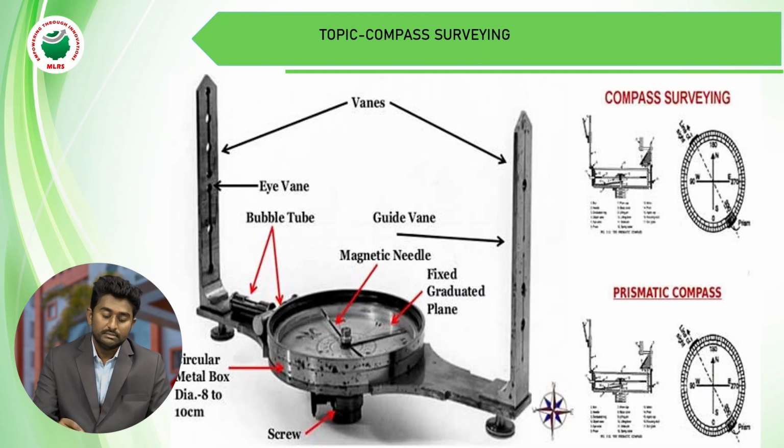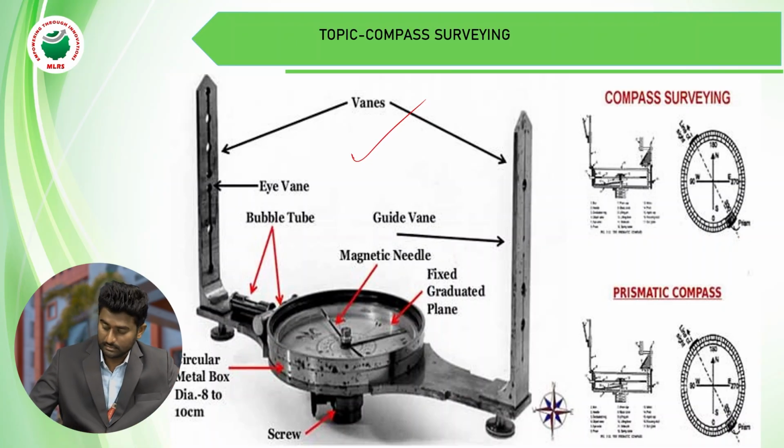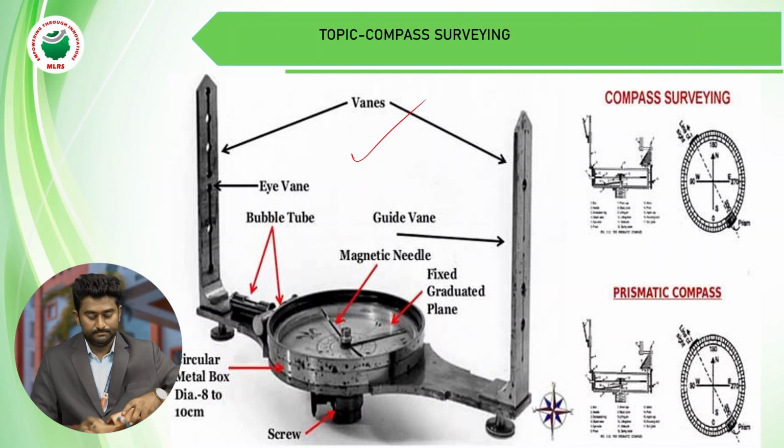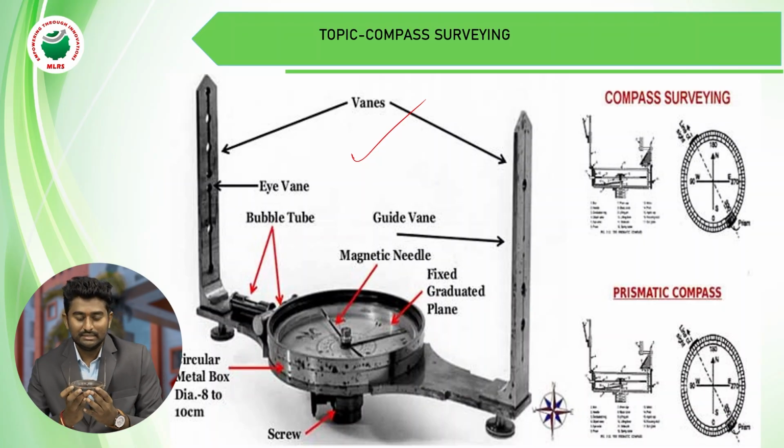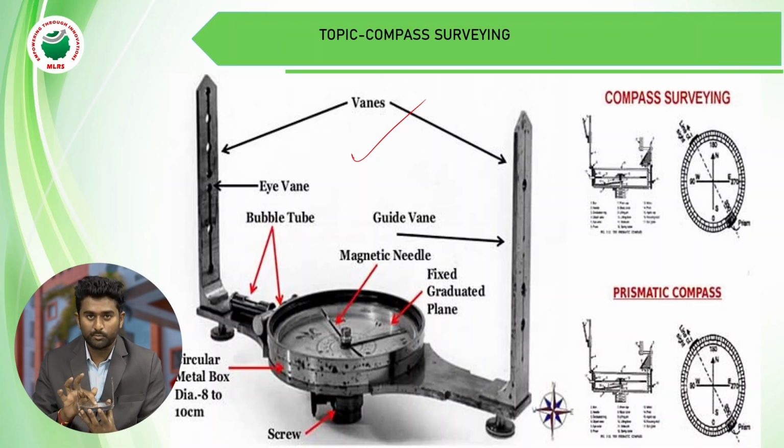Next, coming to the compass. What are the parts of a compass? Let us see the compass. This is the prismatic compass. In this prismatic compass, a circular box is inserted onto the pivot at the center point of the compass, fixed with the help of a tripod stand.